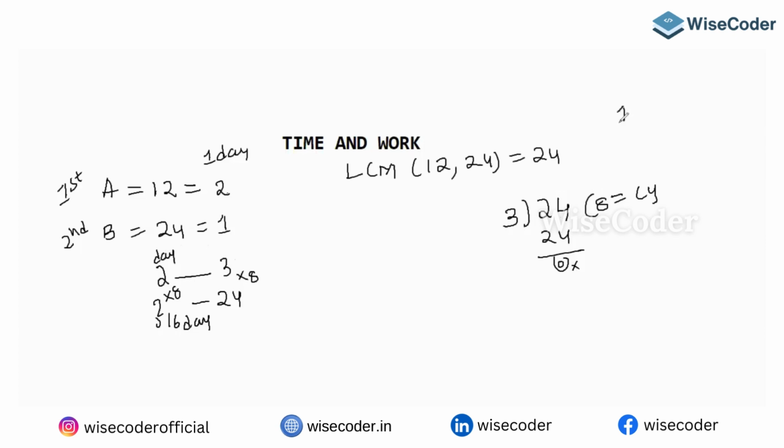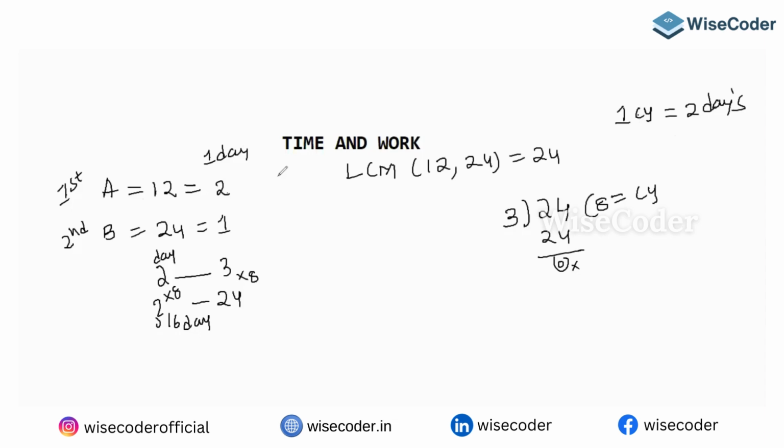Cycles. According to this question, one cycle equals 2 days. Why 2 days? Because there are only 2 persons.